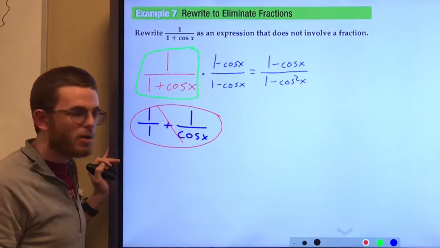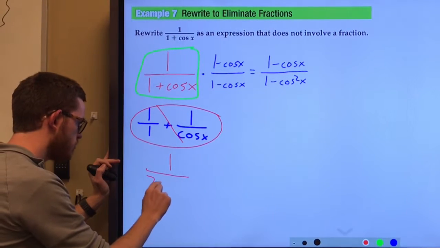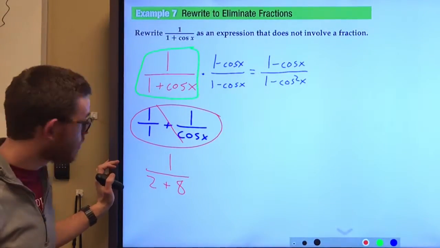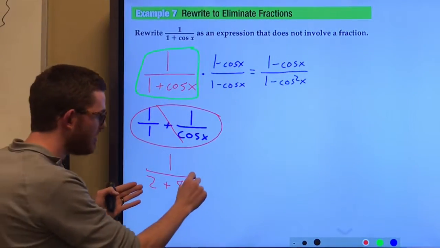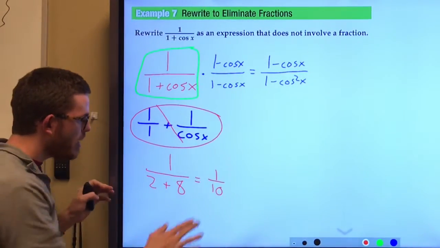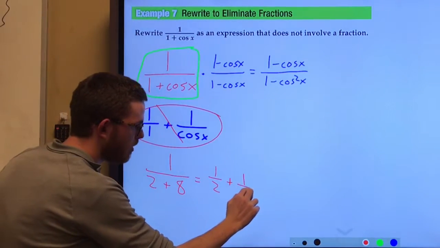All right, let's try an example, okay? 1 over 2 plus 8. We know how this works. 1 over 2 plus 8 would be 1 over 10. Well, what happens if we break it up to be 1/2 plus 1/8?